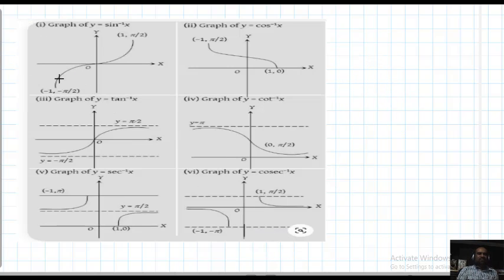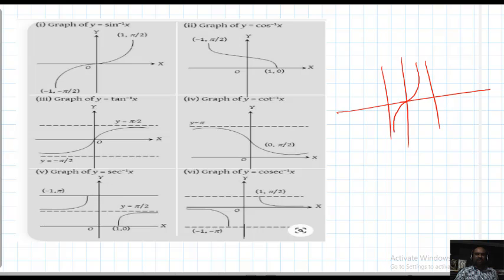Similarly, the remaining things are also defined. Tan inverse of x graph is important, very important. What is the actual tan graph? This is the tan graph from minus pi by 2 to pi by 2. Overall it is not one-one, but if you take your domain as minus pi by 2 to pi by 2, this is the graph.